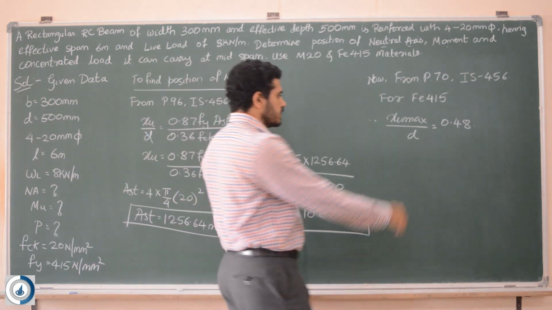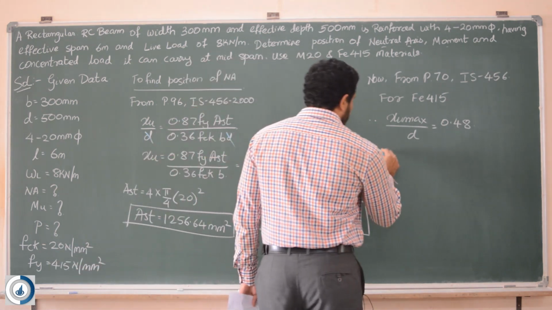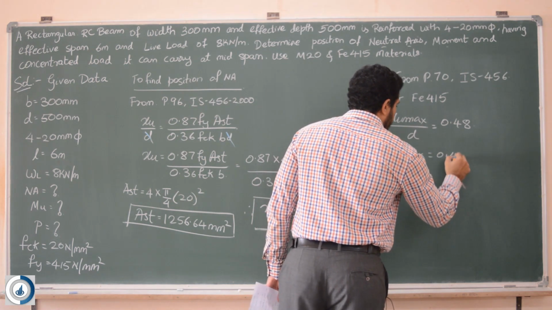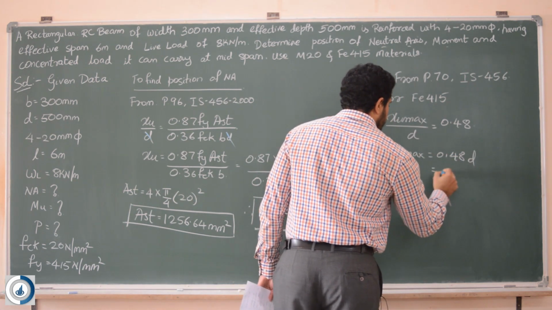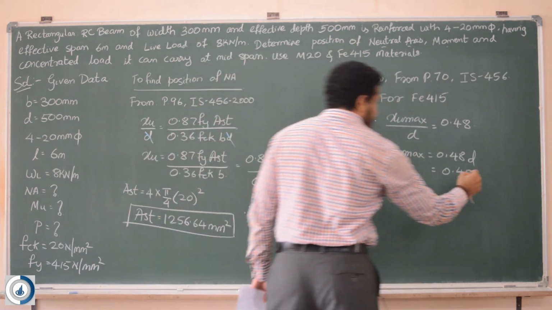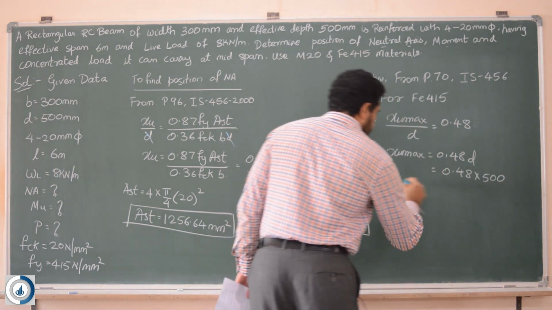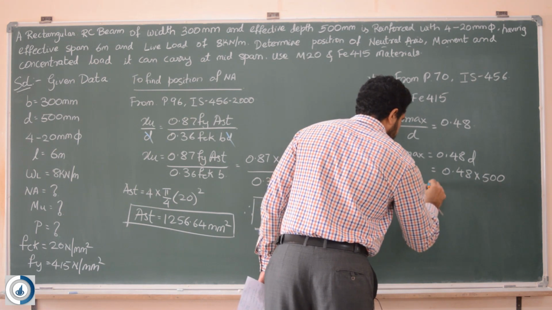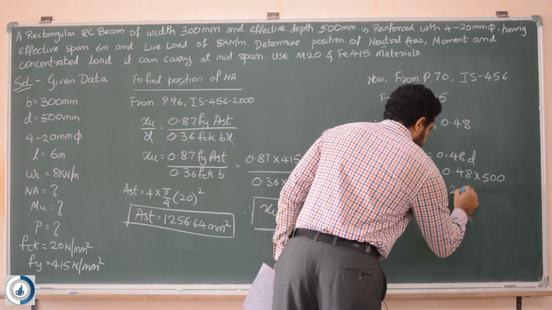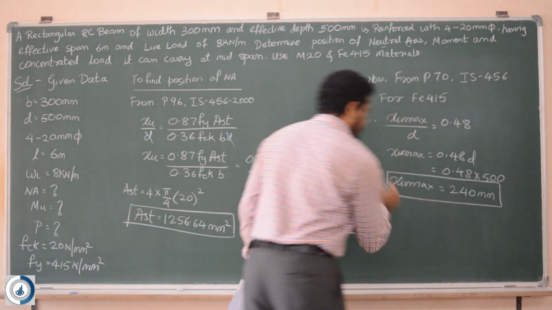Now you can transfer this d to the other side and find the Xu max value. Therefore, Xu max equals 0.48 d, and d we already know. The d given is the effective depth, 500 mm. Then Xu max you get is 240 mm. So this is your Xu max.